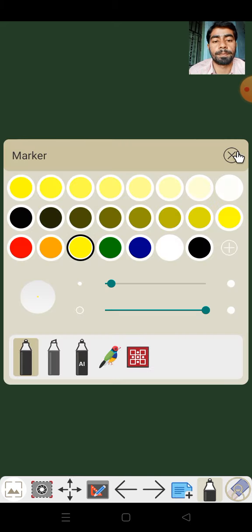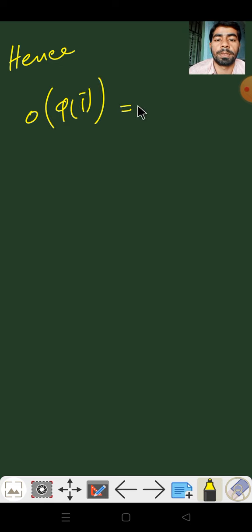Hence the order of phi of class 1 will be the GCD of 6 and 4.